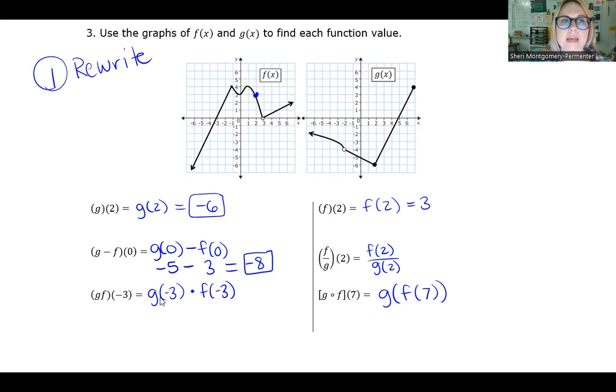For this one, multiplying, let's go find g of -3. I go to my g graph, over to -3, and the graph is at -3. For my f graph, f of -3, the graph is at 0. What's anything times 0? 0.